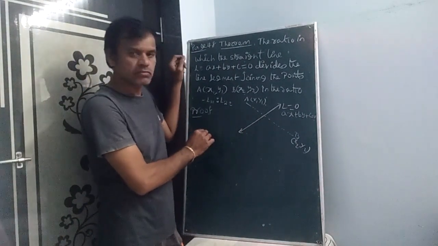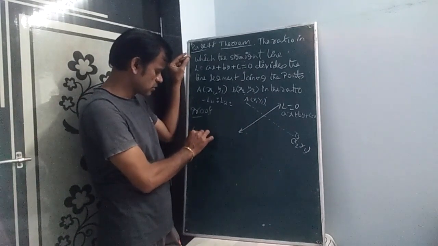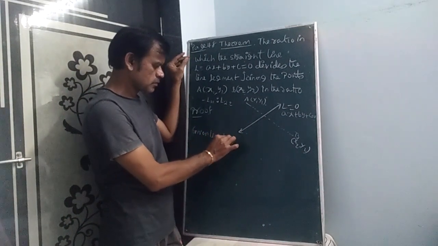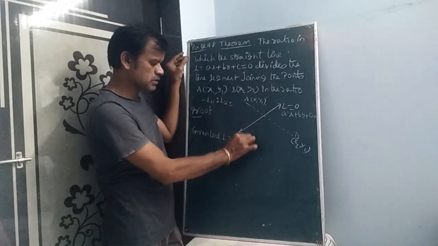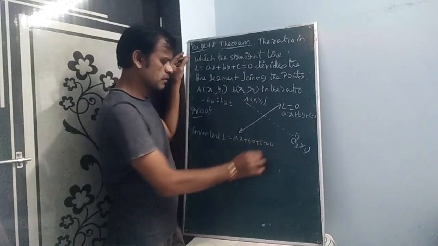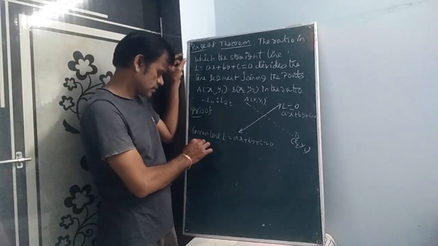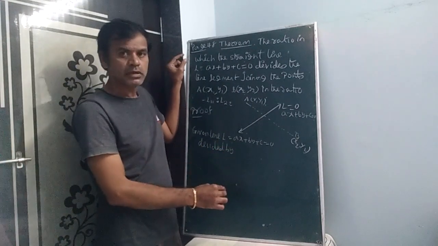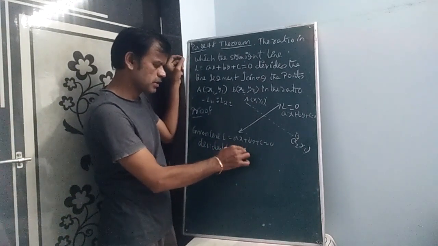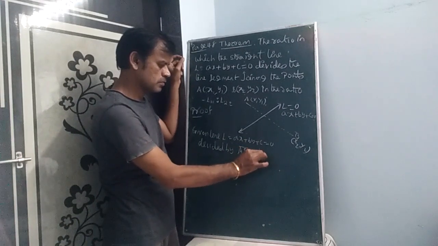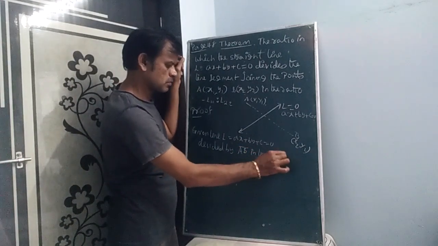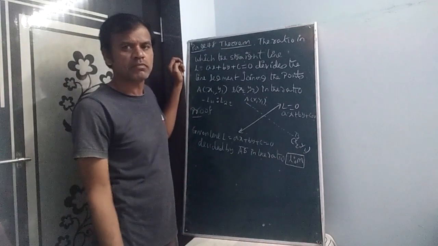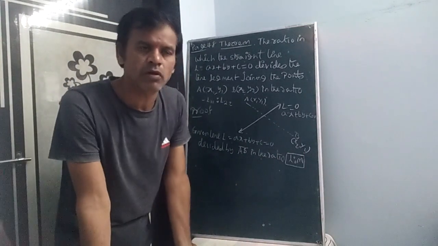Now, write the given line L: Ax plus By plus C equal to 0, dividing AB, meaning line segment AB, here in the ratio L is to M. General notation M is to N or M1 is to M2, you have learned in 10th class.